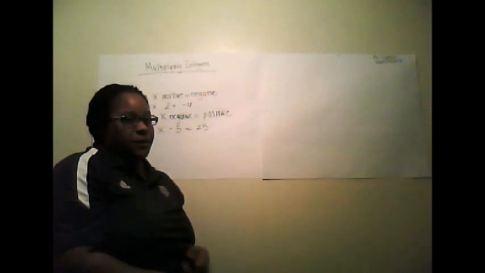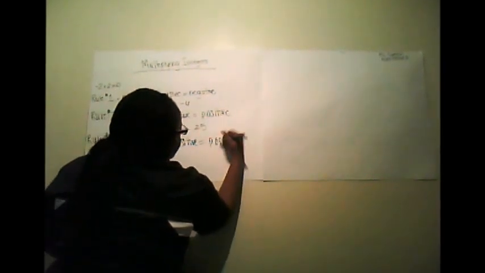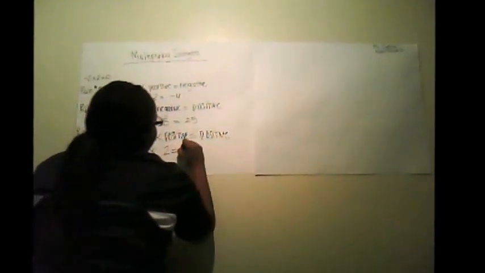And the last, rule number 3, is a positive times a positive equals a positive as well. An example of this would be 7 times 2 equaling 14.